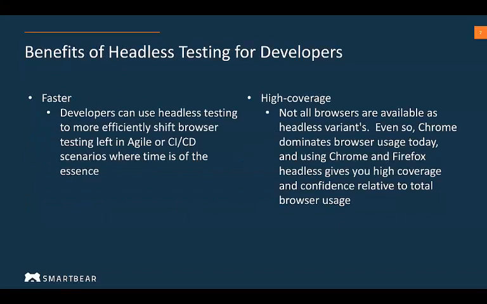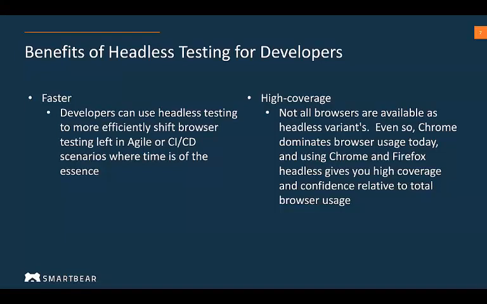Some of the benefits for developers who are writing these tests are that the headless instances are faster, and when your tests are faster, it allows you to test earlier, to test more often, and to get feedback from those tests sooner. The headless instances that we offer run on Chrome and Firefox.